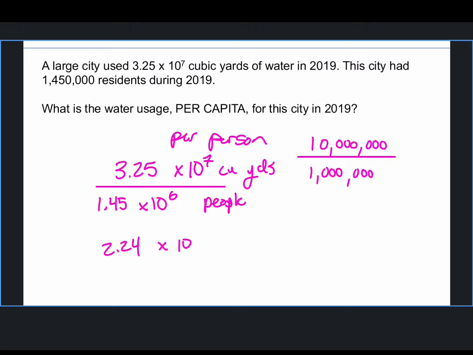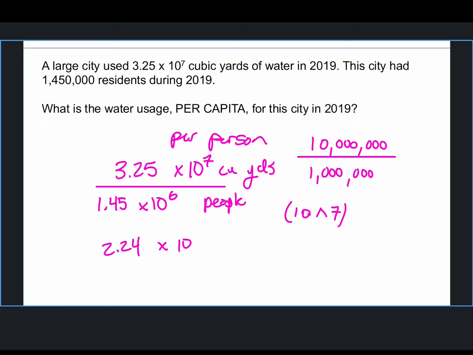I don't. This is a good time for us to use our calculator. So what you would enter is 10, and then the little up arrow symbol to the 7.